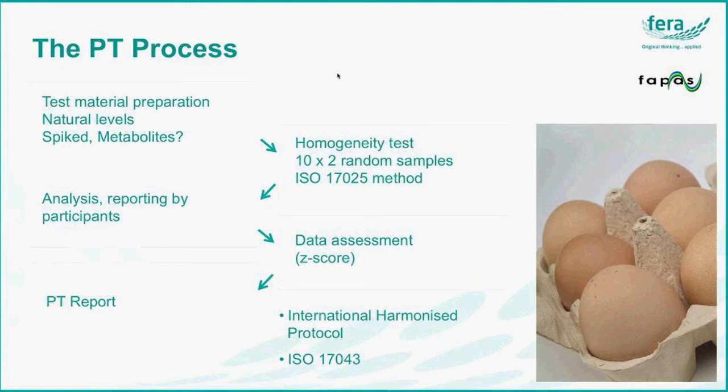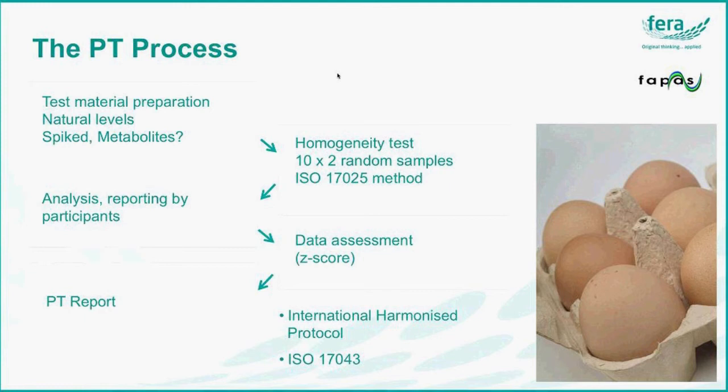And typically we would do this by taking 10 samples at random and analysing them in duplicate. And we would use a laboratory to do this for us, which typically would use an ISO 17025 accredited method.